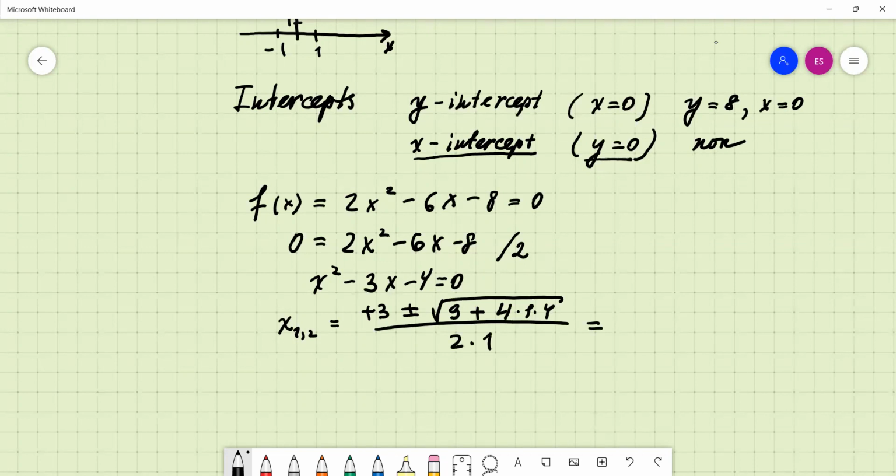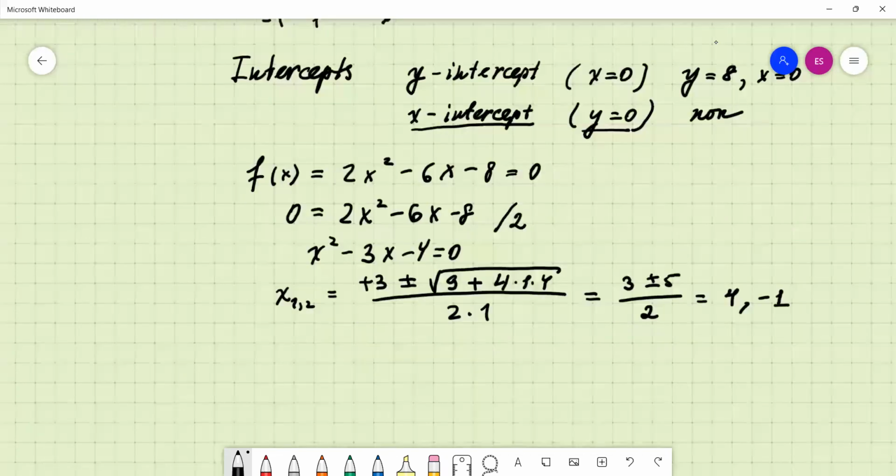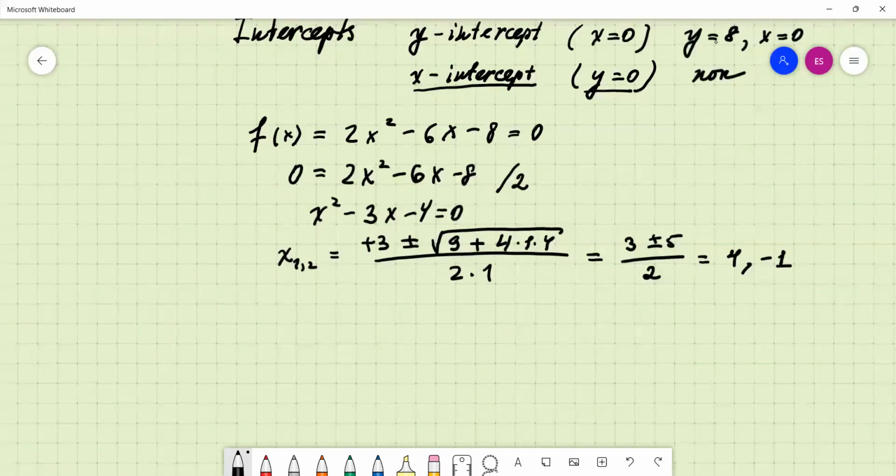So here 4 by 4 is 16, plus 9 is 25, and the square root of 25 is plus minus 5, right? And we are going to have 3 plus 5 is 8 over 2 is 4, and 3 minus 5 is negative 2, which is going to be divided over 2 and give negative 1. Okay, so these are going to be solutions and they're going to make intercepts.